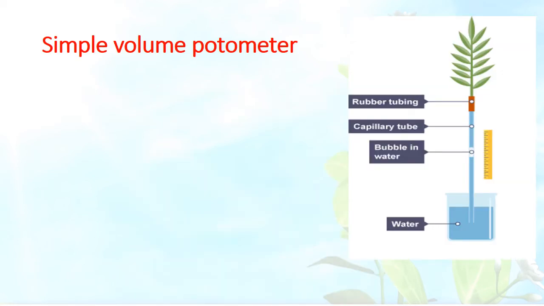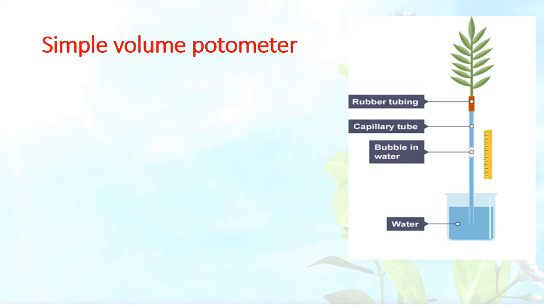This is a simple volume potometer. You can see that the leafy shoot is connected to the rubber tubing and to the capillary tube, and all this apparatus is submerged in the beaker of water, and there's an air bubble trapped in the capillary tube.